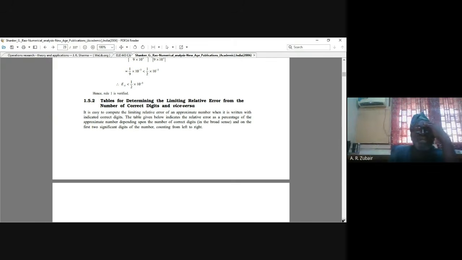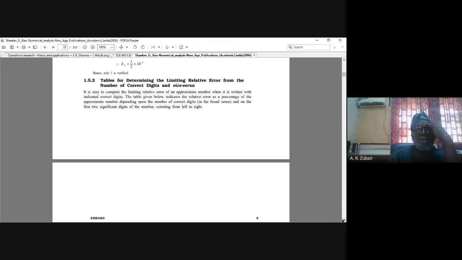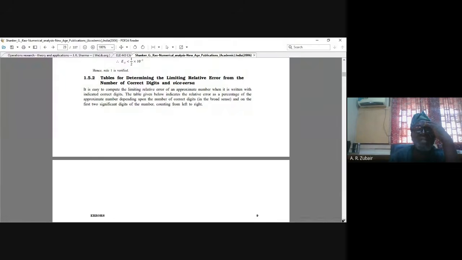(1.5.2) Tables for determining the limiting relative error from the number of correct digits and vice versa. Relative error in percentage of numbers correct to n digits. If the first two significant digits are 10, then we will need that's 2 significant digits.